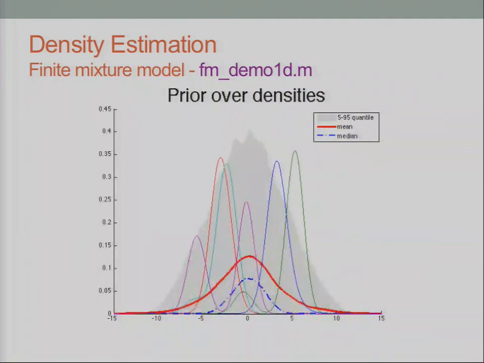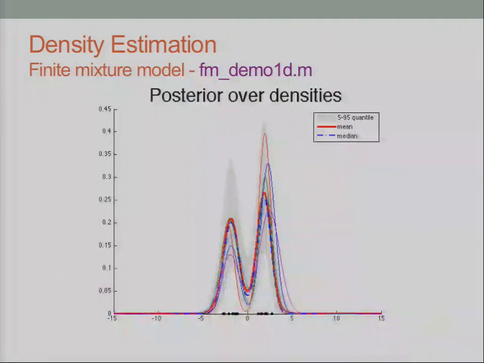So compare the gray area here to the gray area here. Since we have more data now, we are less uncertain about what the model should look like, right? So it's doing quite a good job. And we can see clearly that the data is clustered in two clusters. So this is a reasonable estimate.